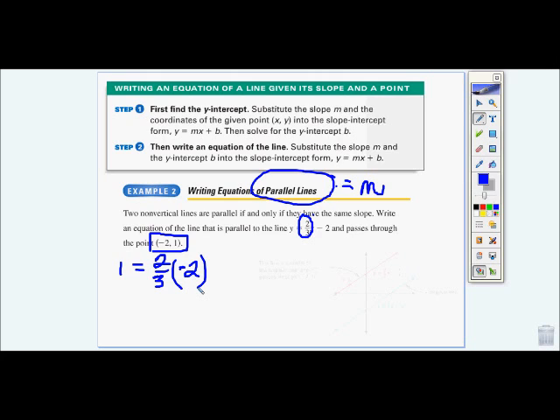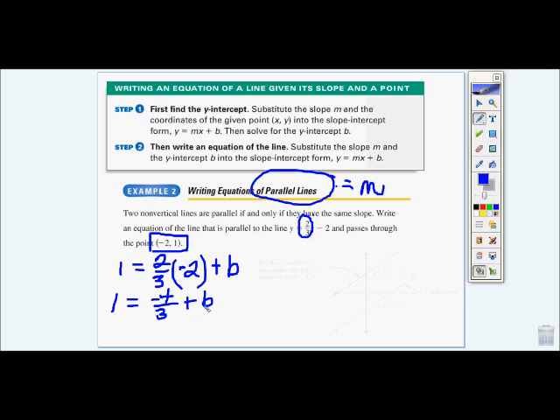And then I do not know my y-intercept yet, so I'm going to just put plus b. Now I want to solve for b. So I'm going to go ahead and simplify the equation. I have 1 equals a -4/3 plus b. Oh, we need to do some fractions.